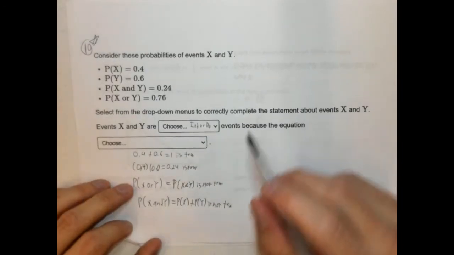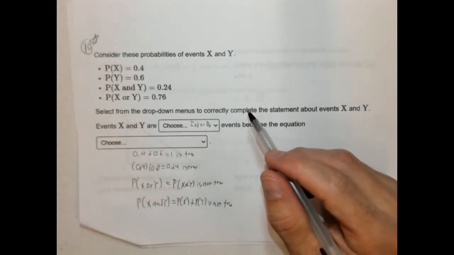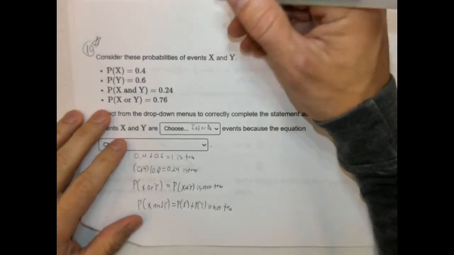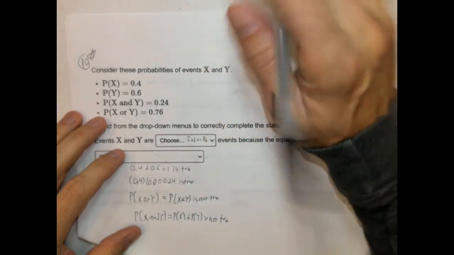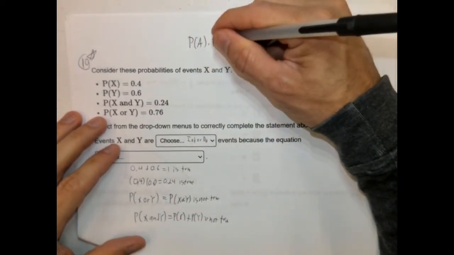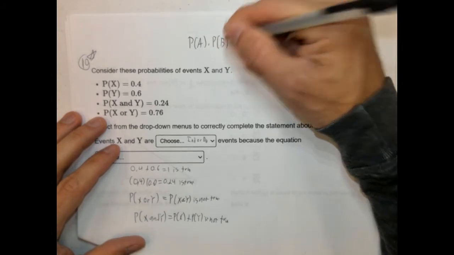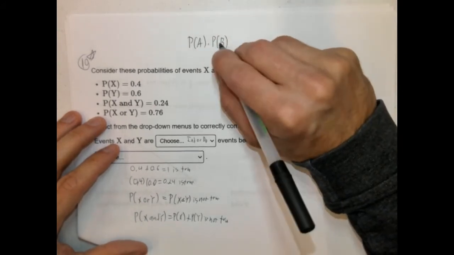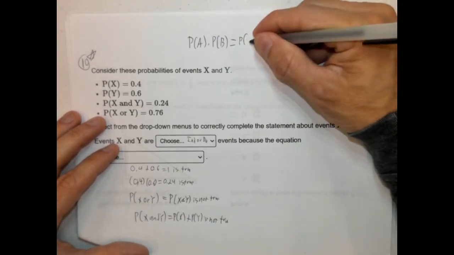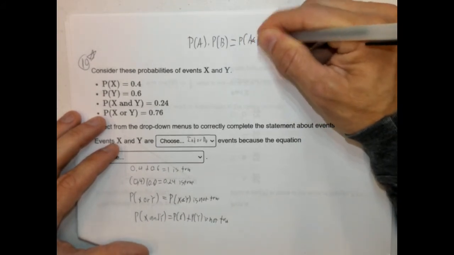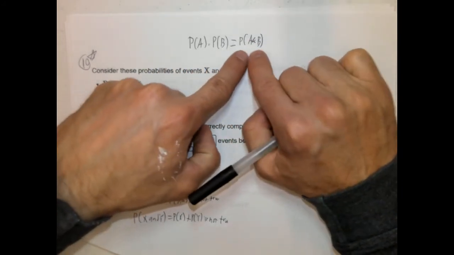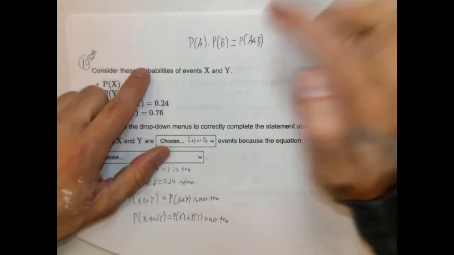Okay, so here we go. This is something that you just kind of need to know, and I'm going to give you the rule right here. If you have 2 events, P of A and P of B, it's just 2 examples I'm going to give you. If these 2 things multiplied together equal P of A and B, so if you take these two probabilities, multiply them together, and you get the probability of both happening at the same time, then they are independent.